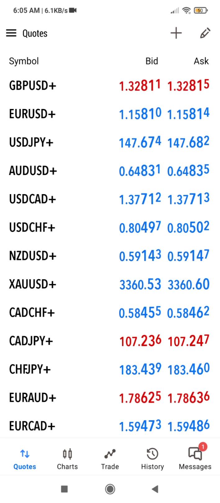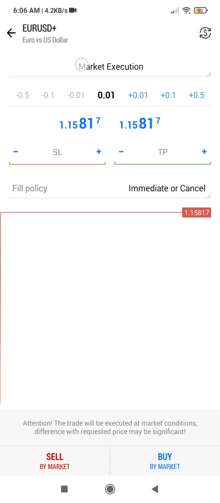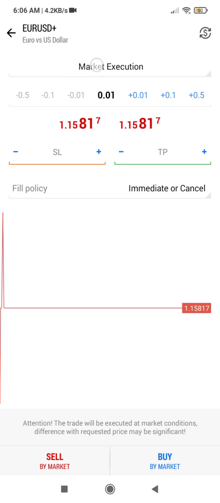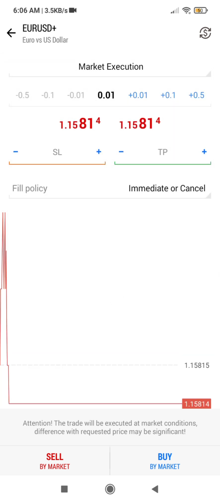This is a forex platform, so if you want to take a trade now, I am going to click on the new order, and you will always see it written market execution. There are several other types of orders, but we are talking of market orders today.